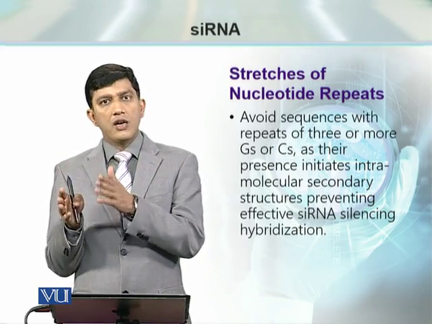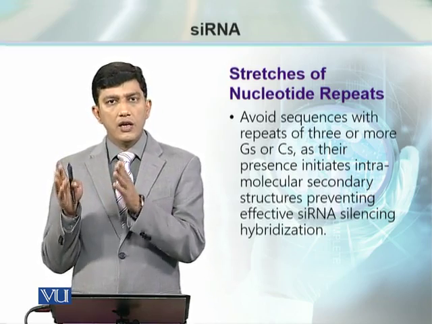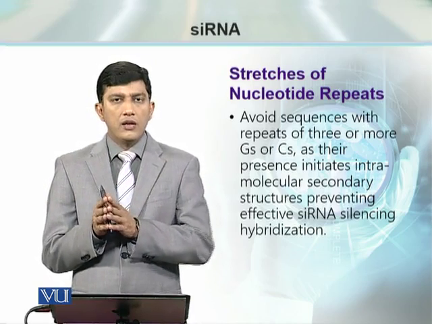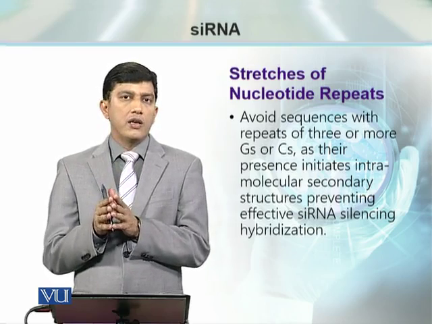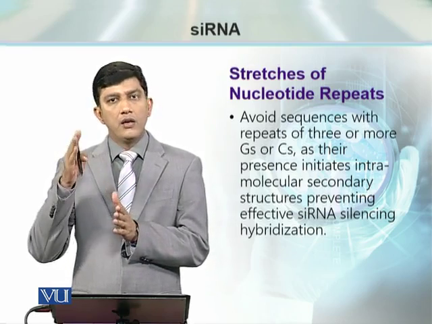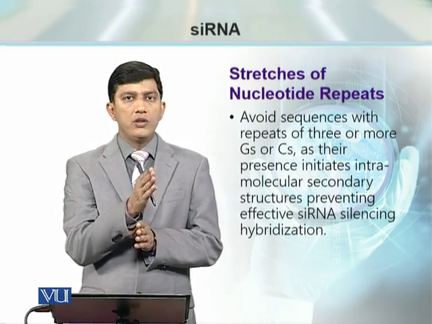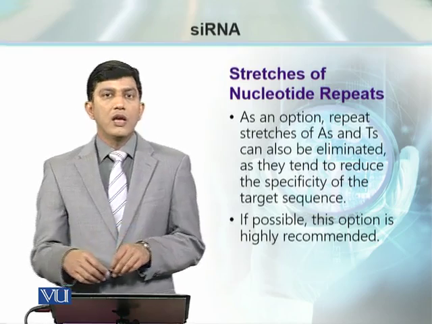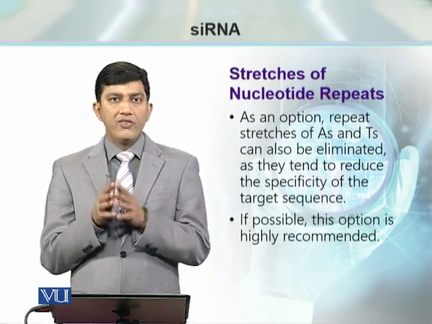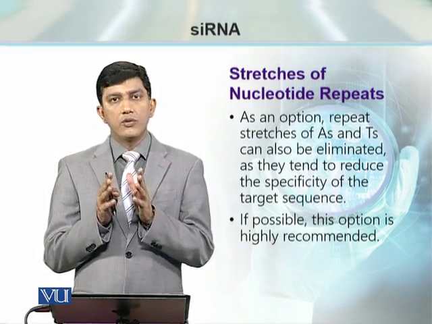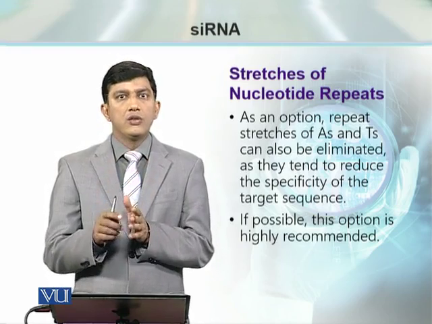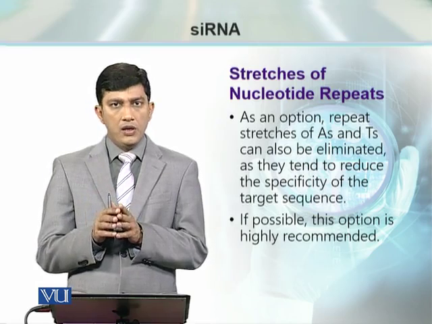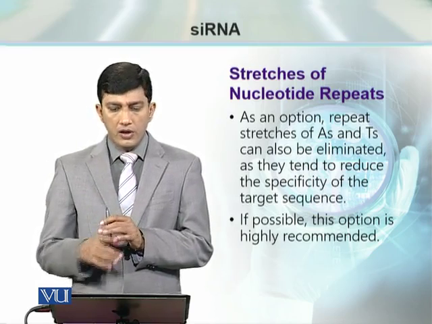The single-stranded RNA molecule can develop this secondary structure that can be problematic or that can interfere with the binding of the siRNA molecule with the messenger RNA molecule. And the same thing applies to the A and T. So while designing siRNA molecule, we have to pay close attention towards the arrangement of these nucleotide sequences as well and choose the best possible variant.